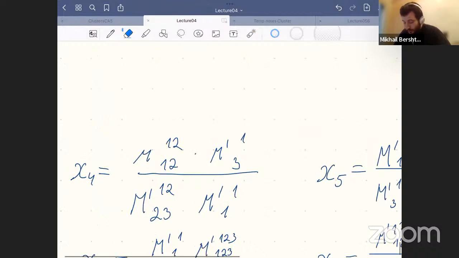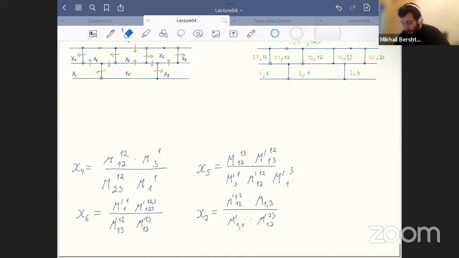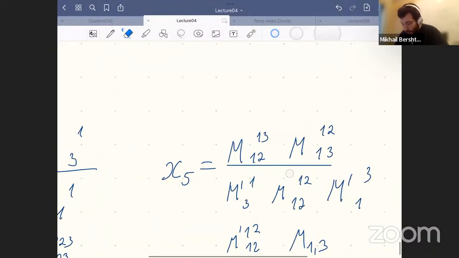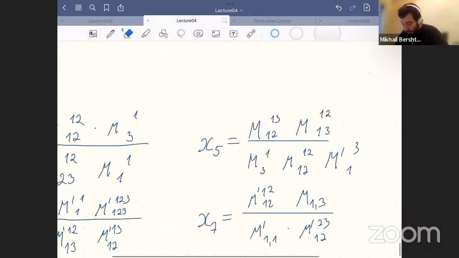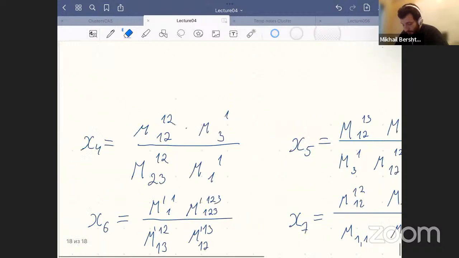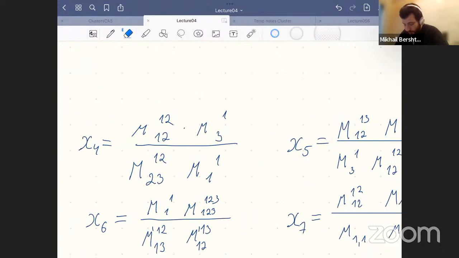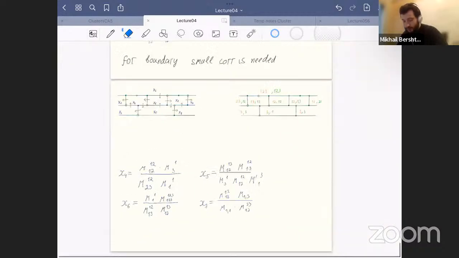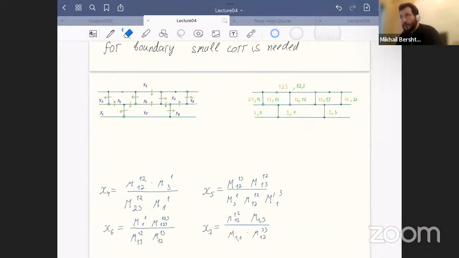Why do we need this strange twist transformation? Okay, so in terms of formula, it means that here we consider minors which correspond to the original matrix G. And let me state what will be the result.